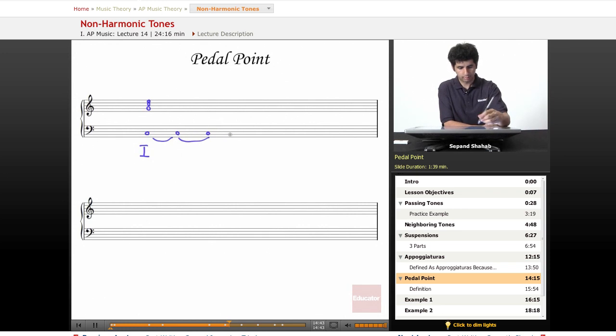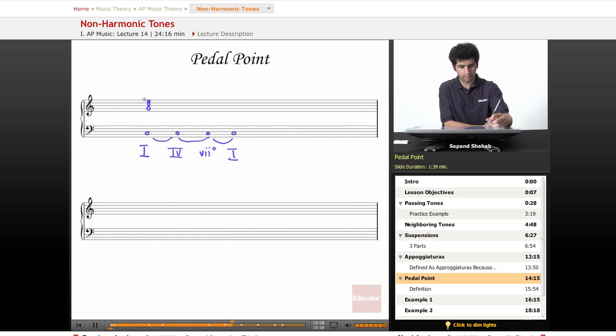So let's see, C. And what will happen is that the harmony will change above the bass note while the bass note stays the same. So for instance, we can have a 4 here and maybe a 7 here, and then in the end it will come back to making a consonance with the bass.